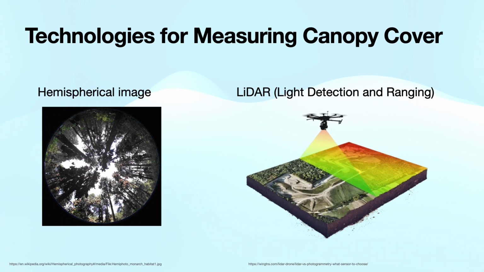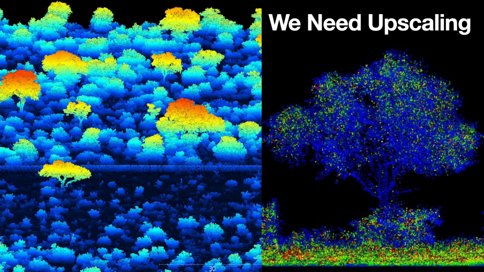So far, there are some technologies that do measure the canopy cover. For example, using a camera to look up at the canopy. This process is called hemispherical imaging. Or one can also use the machine LiDAR, which stands for light detection and ranging, that shoots up lasers and then reads the return in order to map the canopy cover, like that seen in the picture.